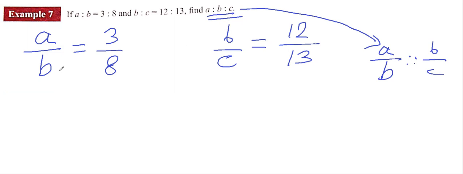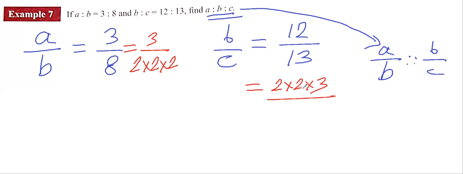But here you can see that the value of b is 8, whereas here the value of b is 12. They are not matching. So to match them, I am going to write this 8 as 2 into 2 into 2. Similarly, I am going to write this 12 as 2 into 2 into 3. This 13 will be as it is.